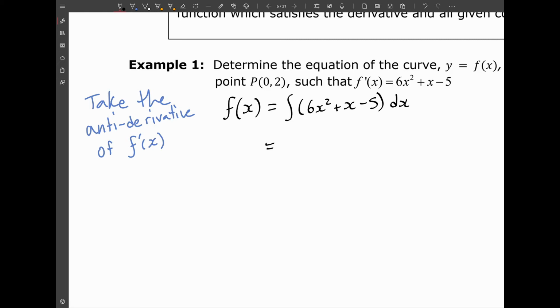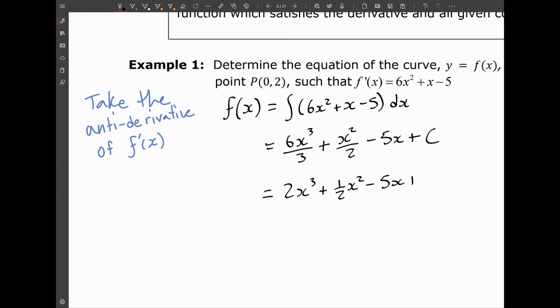This should be 6x cubed divided by 3, so we added 1 to the exponent and divided by the new exponent, plus, same idea, x squared over 2 minus 5x plus c. Don't forget about our constant. Then if I simplify this, this is just 2x cubed plus 1/2 x squared minus 5x plus c.